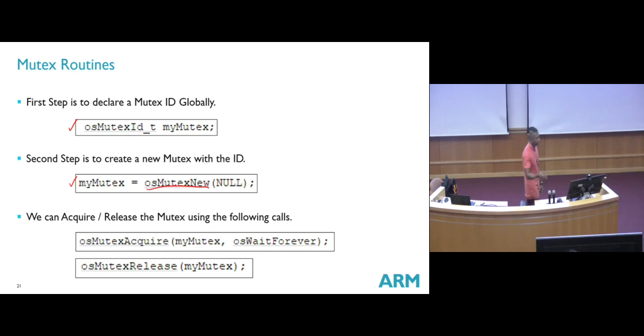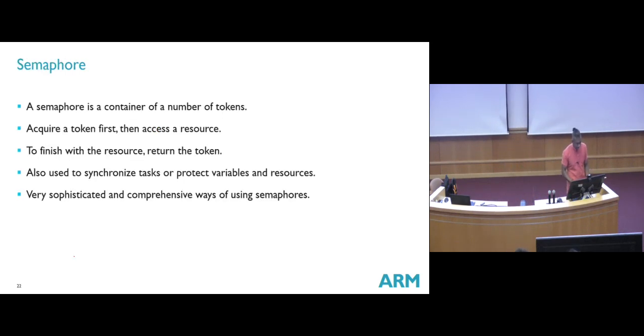If you want to change any attributes, you can pass in the parameter here. To lock and release, you call OS mutex acquire and OS mutex release. These are the basic functions of the mutex.